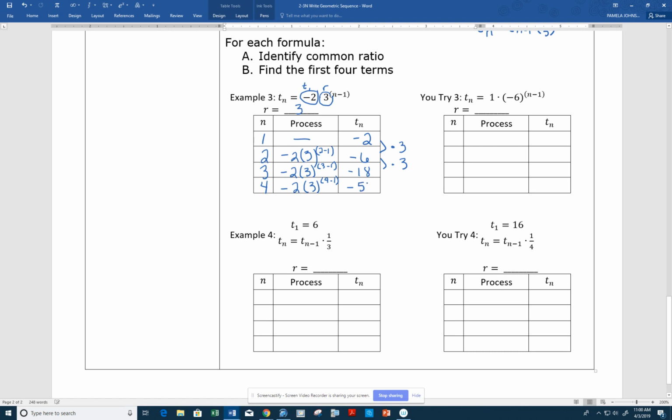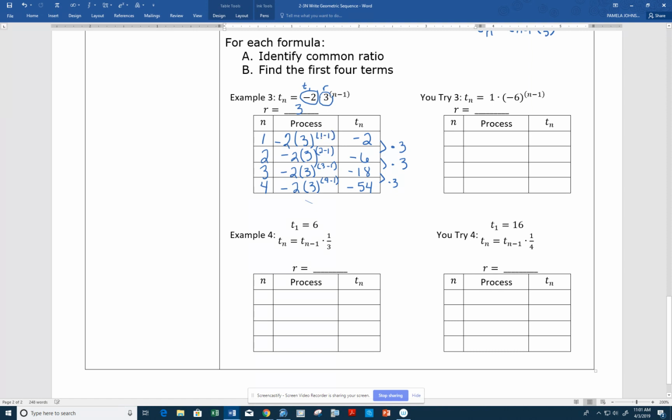If you're not sure how I'm getting the t sub n values, you can always put this process part in your calculator. We could put a process in for the first term, even though the equation gives us the first term. The process for this one could be negative 2 times 3 to the 1 minus 1 power.